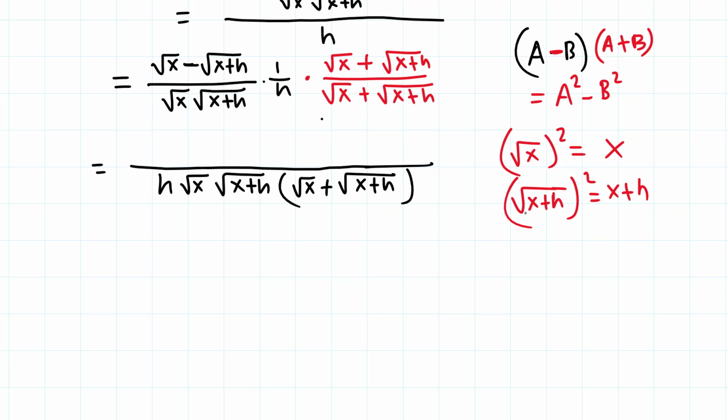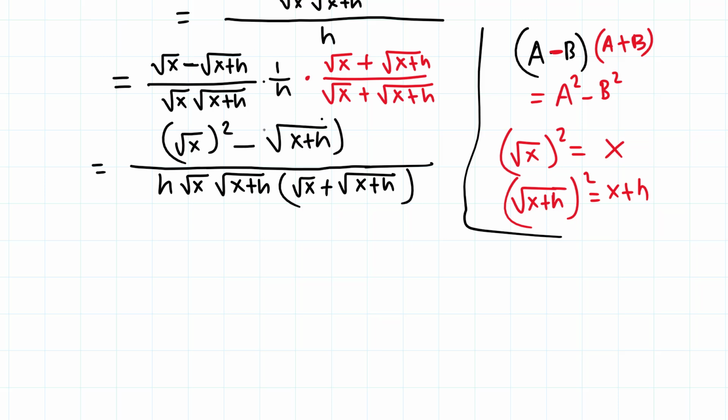On the top, we are going to use these properties. It's like a minus b times a plus b. When we multiply, it's going to be a squared minus b squared. So root x is squared, minus this quantity squared. Then they cancel, because our x will be positive here.